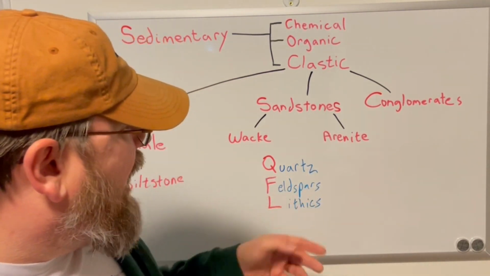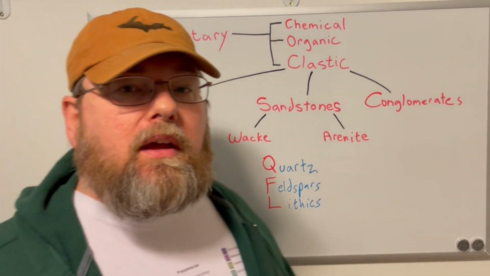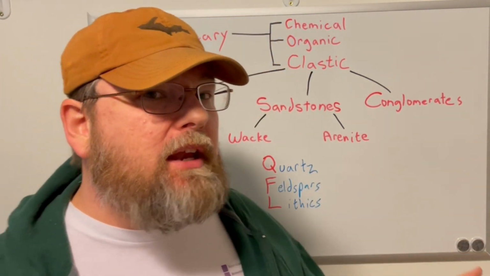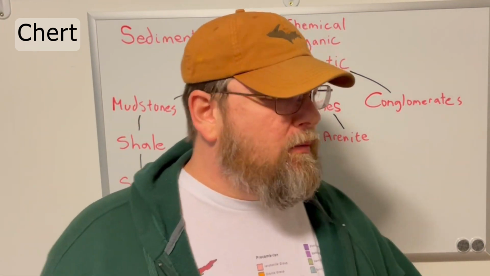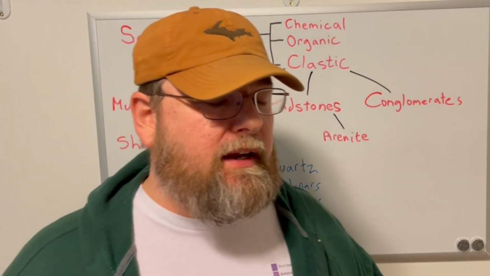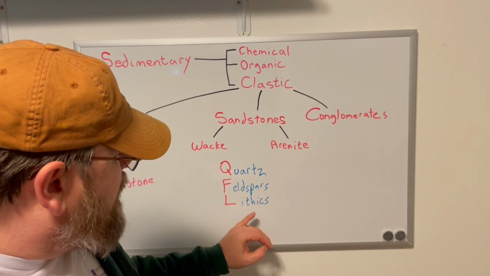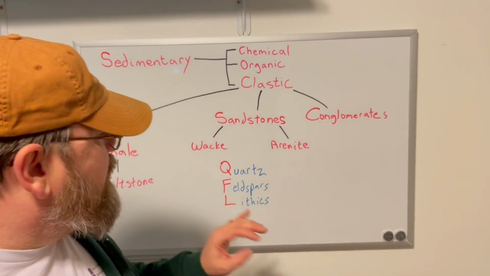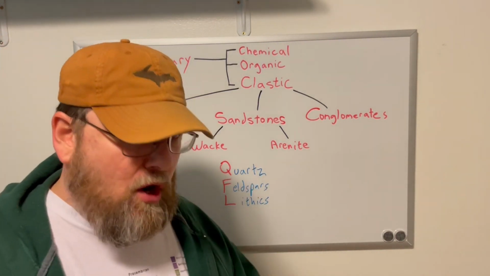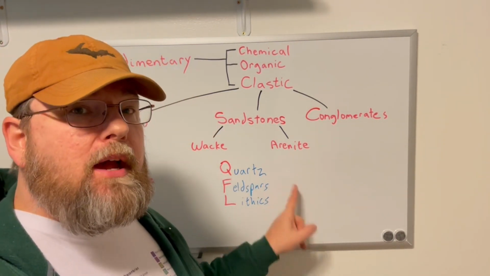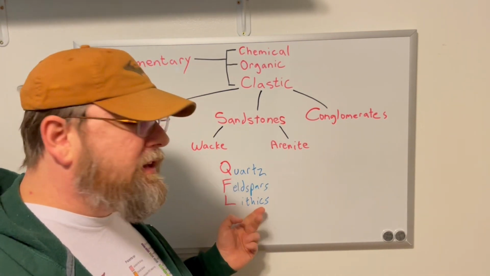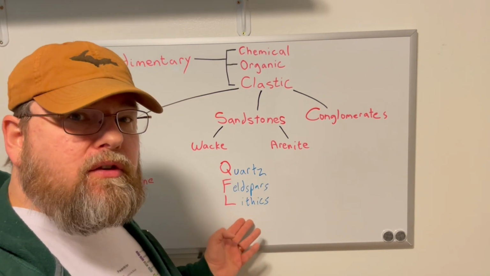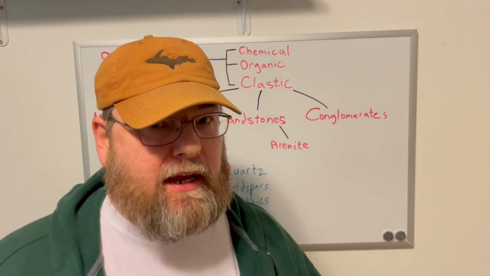So fragments of rock. Now you can have quartz that's broken down from a chemically precipitated rock like chert. Well, chert is not always chemically precipitated either. Talk for another time. Now you can put them in lithics or up here. Why is that? I generally try to put them, if I know that's what it is, up here. But sometimes, even under magnification, it's hard to tell. So you can put them in here if you don't know. Why is that? Because chert's opaque.